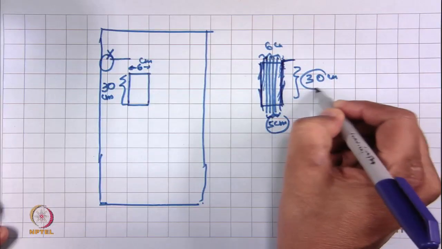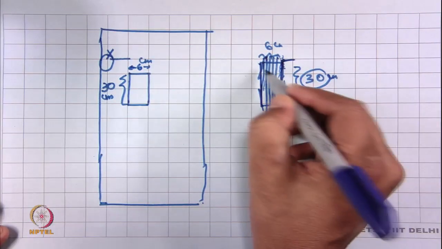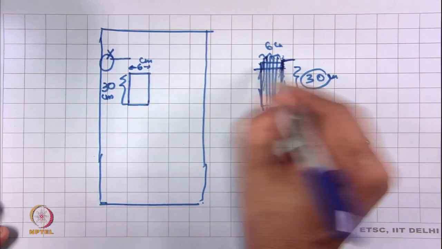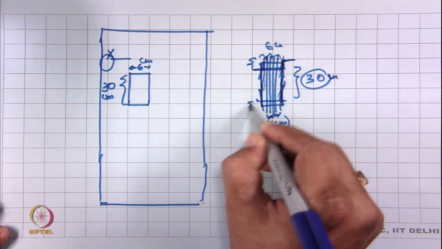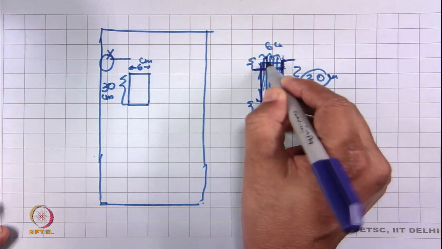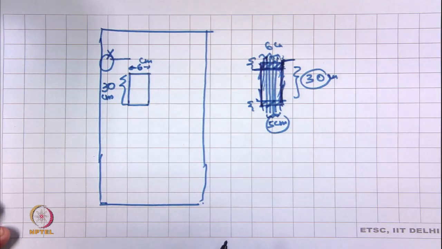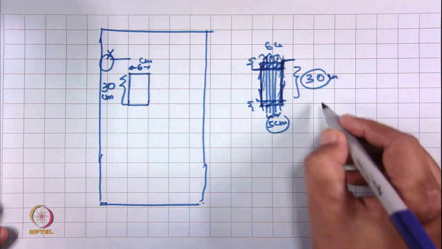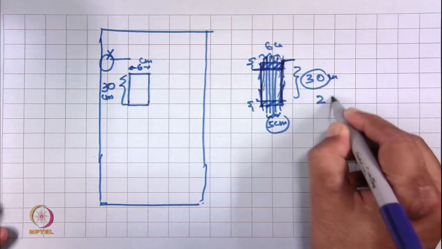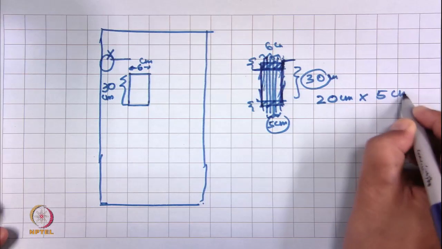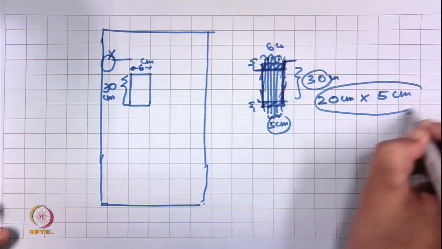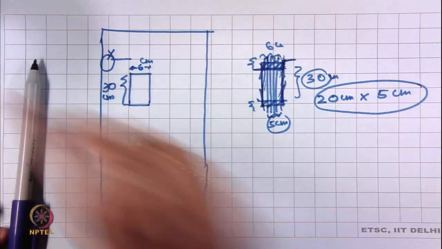it is 30 centimeter. So, 5 centimeter from top and 5 centimeter from bottom will go under the jaw. So, effectively it will become 20 centimeter length and 5 centimeter of width. This is the effective specimen size between the jaws.